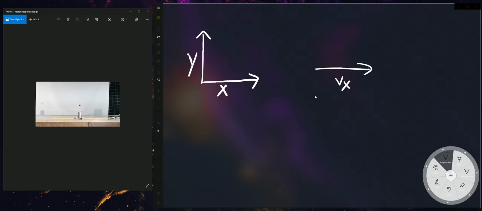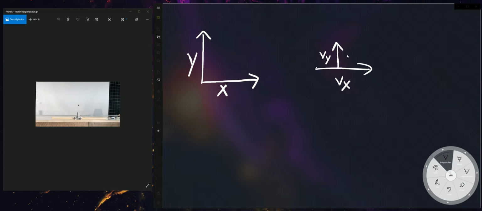In the middle of that, the launcher is launching a projectile straight up. At some point in time, your launcher gives a velocity in the y direction to this ball. So once the ball leaves the cannon, it has a velocity in the y direction and a velocity in the x direction.